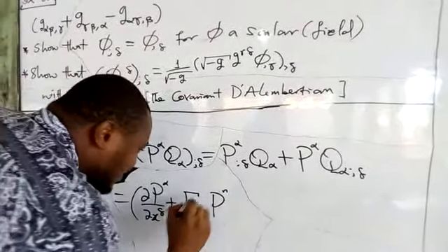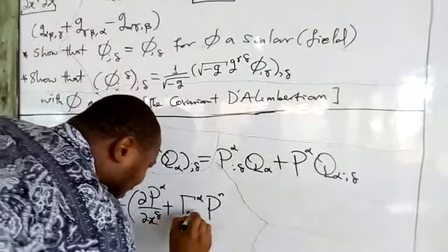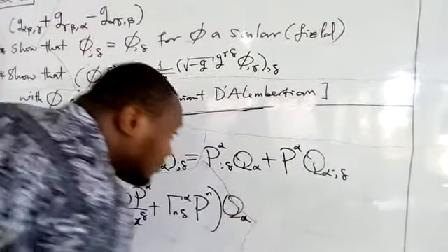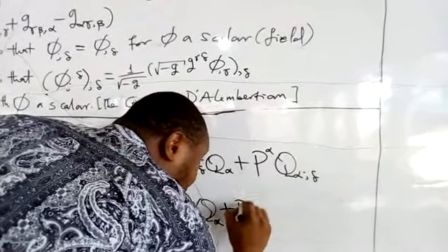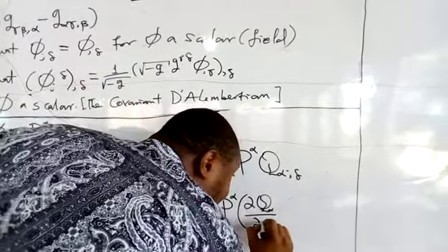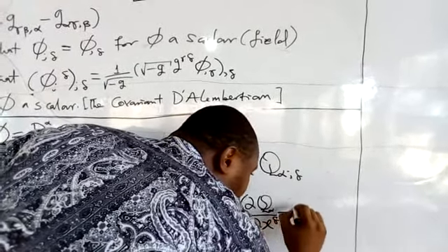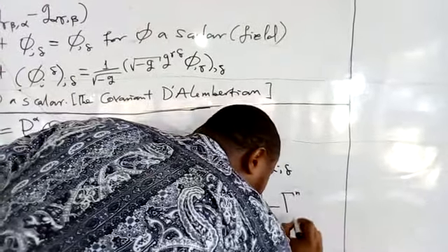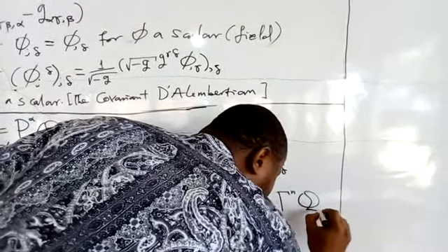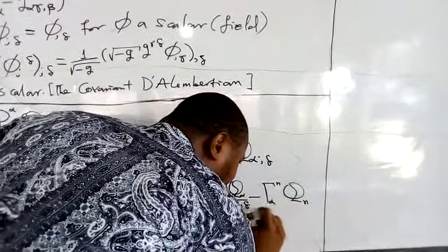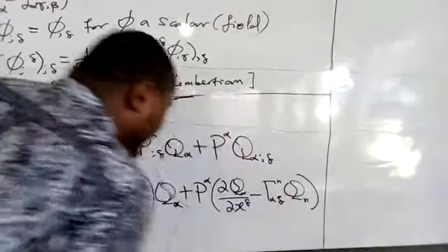What I'm contracting is alpha. It simply joins that, and the delta is here. I'm multiplying it with Q_alpha. Again, plus here P^alpha multiplying simply the derivative of Q_alpha with respect to x^delta. But it will be taking a minus sign. I am contracting the alpha. Let me just use n for the sake of uniformity. Now the alpha joins the affine connector and the delta is over there. And this is what we get.